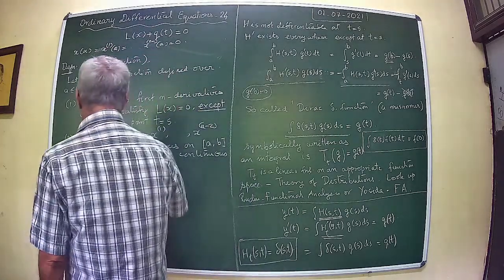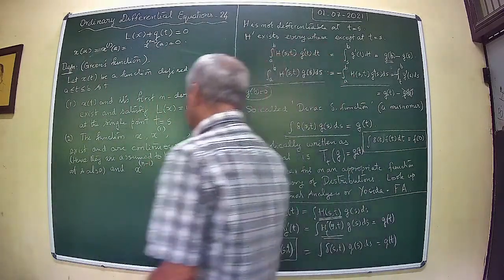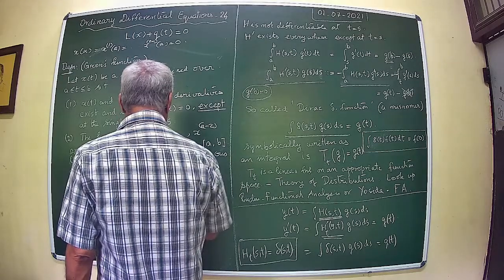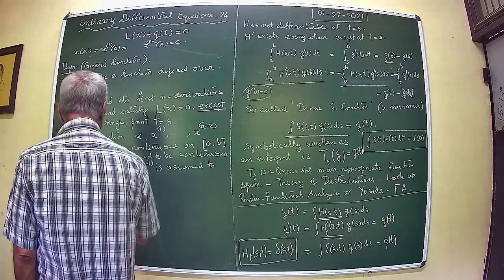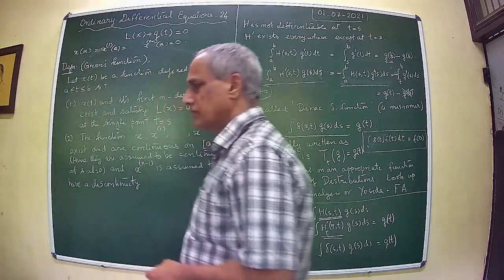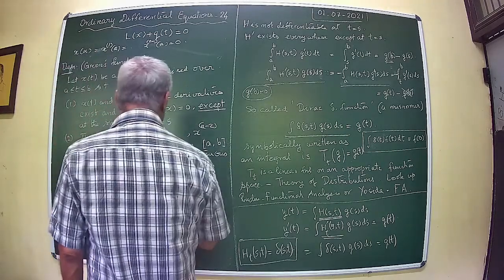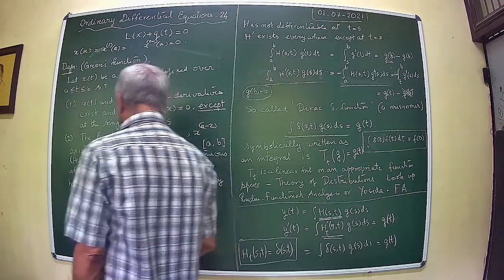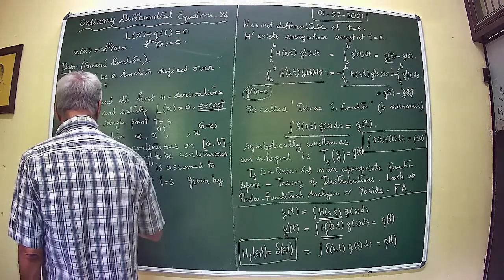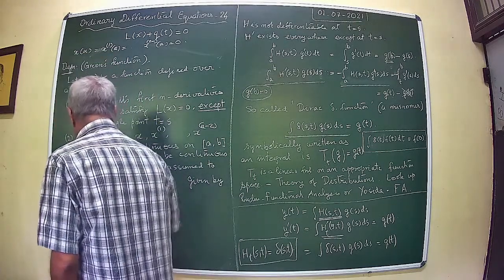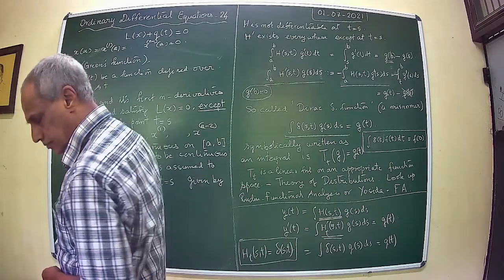Further, x^(n-1), the n minus first derivative of x, is assumed to have a discontinuity, in fact a discontinuity of the first kind, okay, at t equal to s, given by the jump of x^(n-1), the n minus first derivative, at t equal to s.